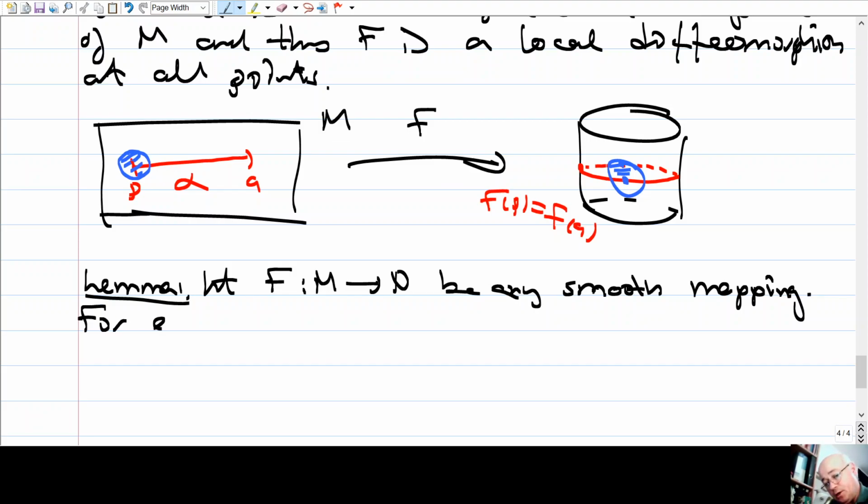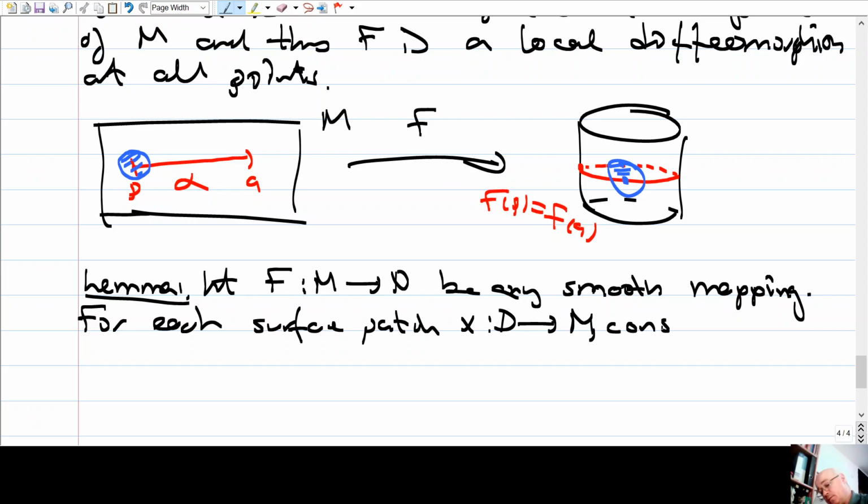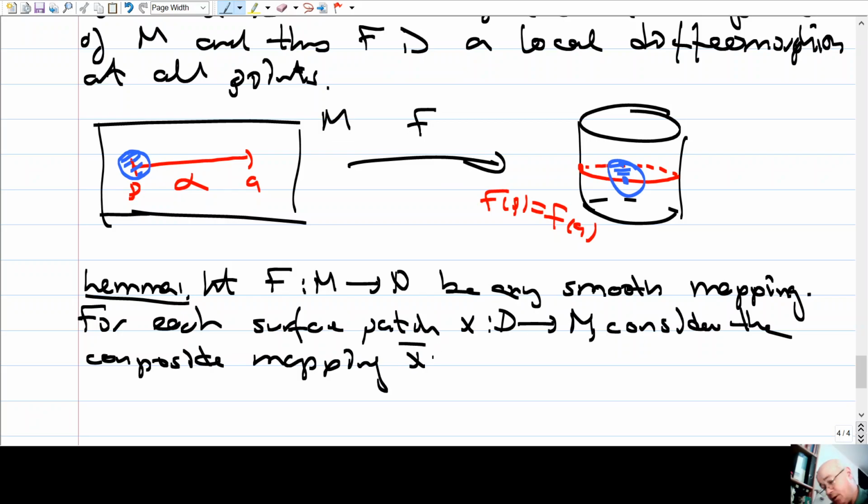For each surface patch x from D to M, consider the composite mapping x bar, which is just f composition x from D into N, right?